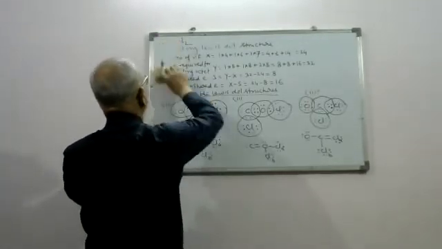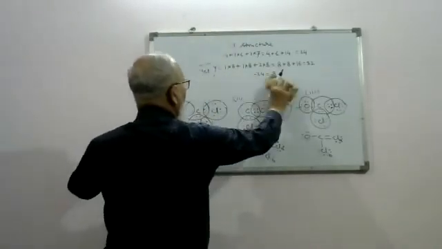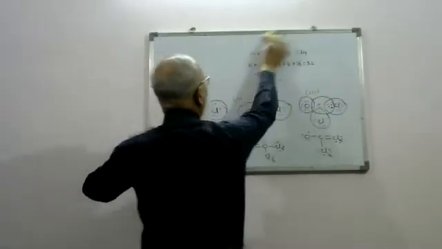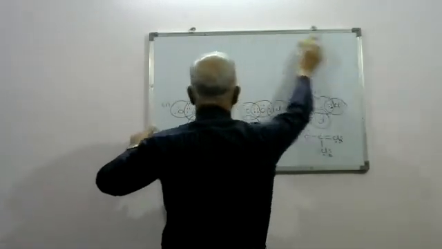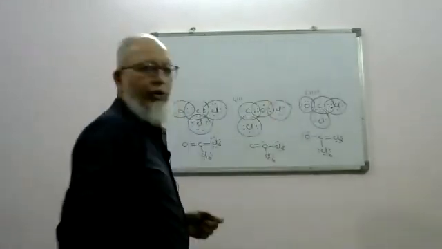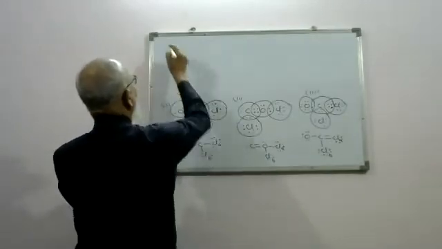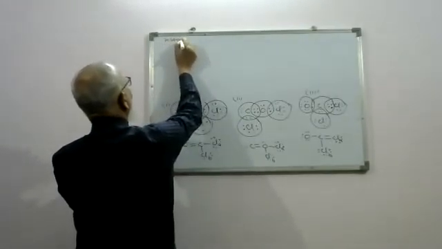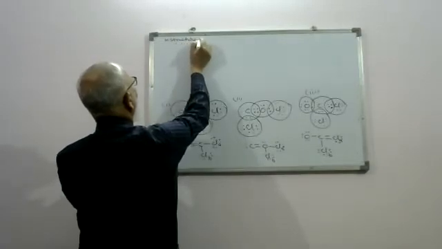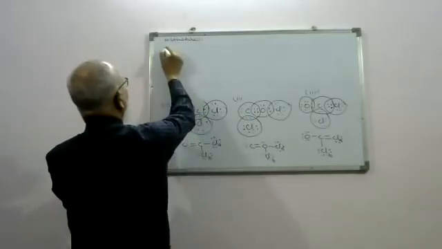As I have told you, that will be the correct Lewis dot structure for the molecule or ion for which the formal charge on each atom is equal to 0. So let us calculate the formal charge in structure 1. In structure 1, formal charge on oxygen.